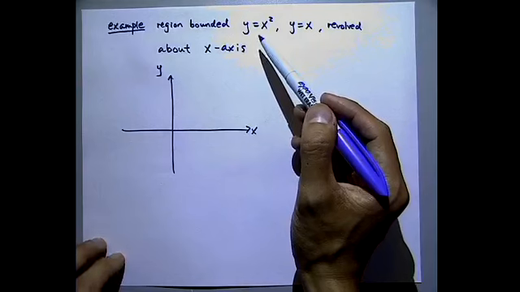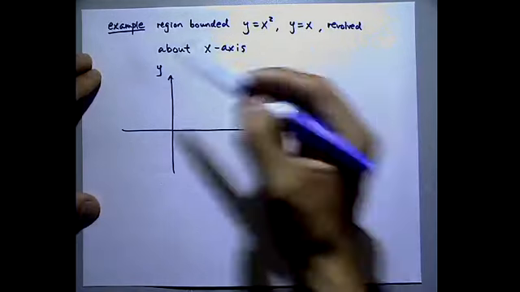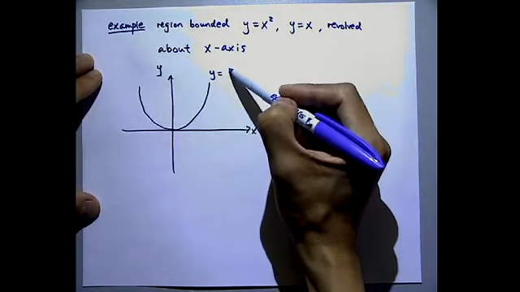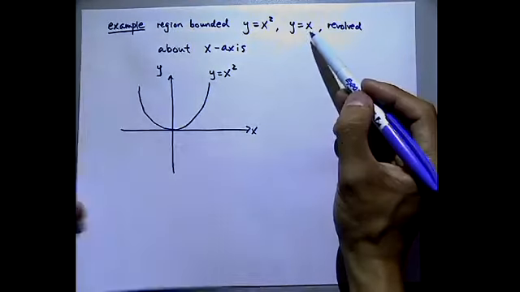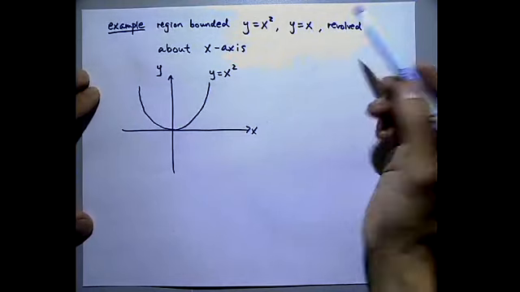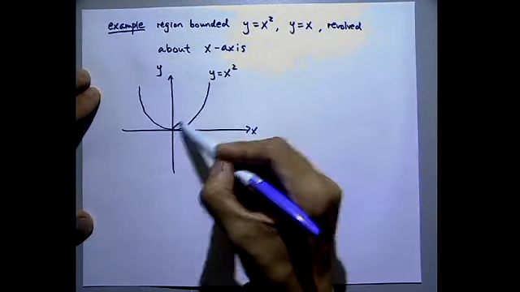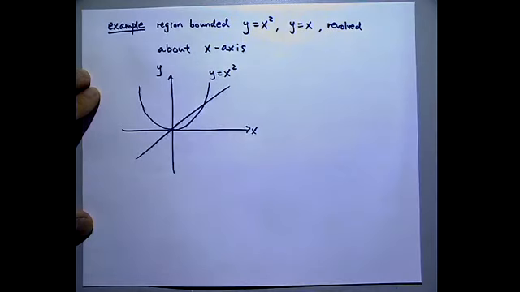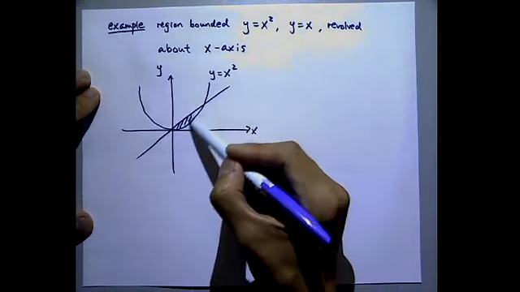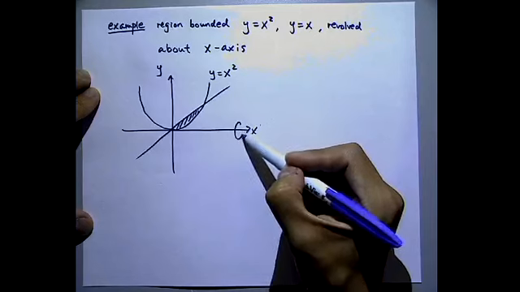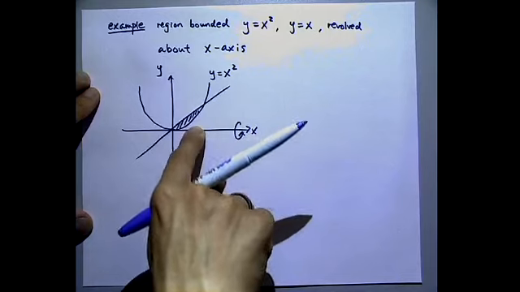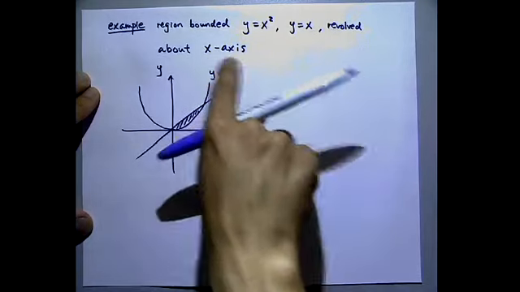Y is equal to x squared, parabola opening upward. And then y is equal to x, just a straight line with a slope of 1, and the y-intercept is 0. So something like that. So that's the region we're talking about, this half-moon kind of shape. And then we're taking that to go around the x-axis.